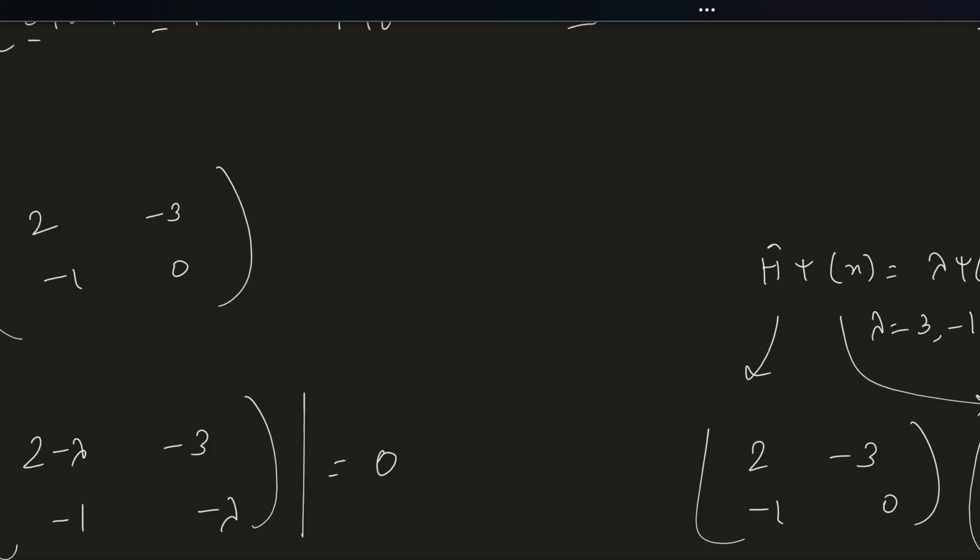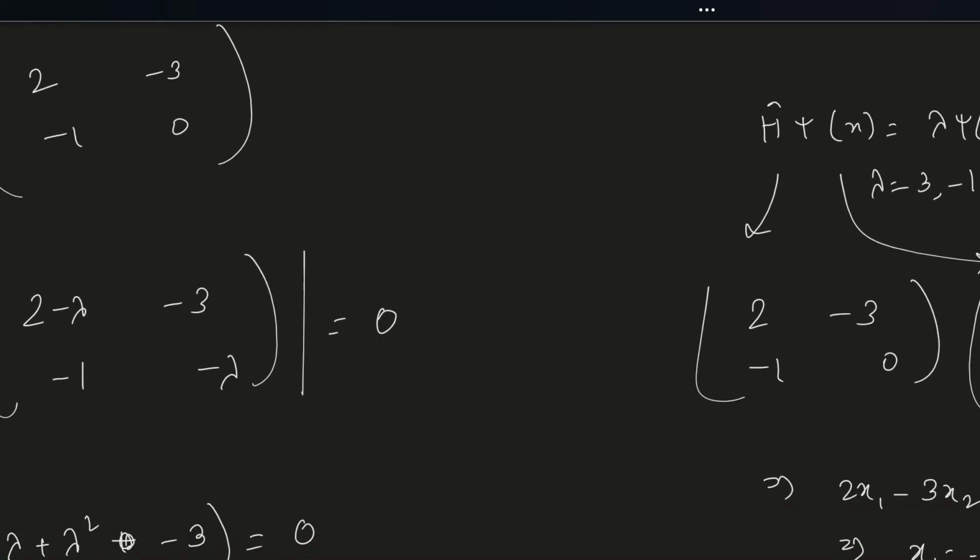So you get x1 equal to minus 3x2 from both. So your eigenvector for lambda equal to 3 will be x1, x2 is minus 3x2, x2. You can take x2 as 1, so this is minus 3 and 1.